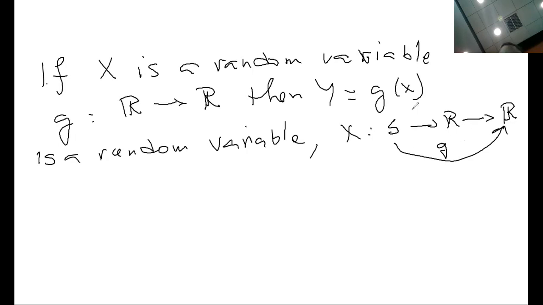X is here, and g is here, so g of X is here. You think about X as a function, though we like to look at it as a set by considering its range, the values that it takes. That is what actually makes X a random variable.